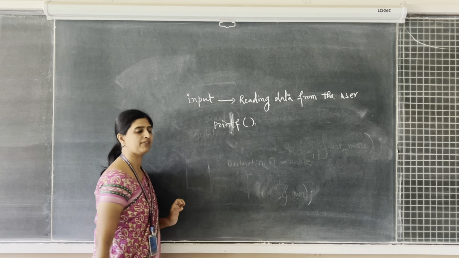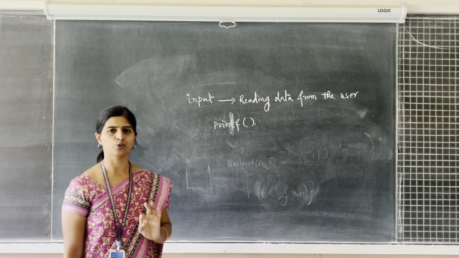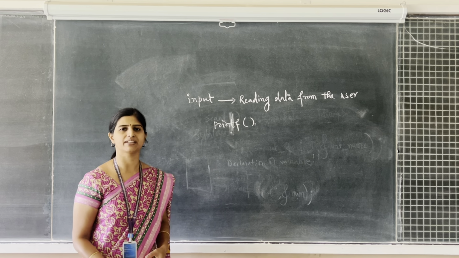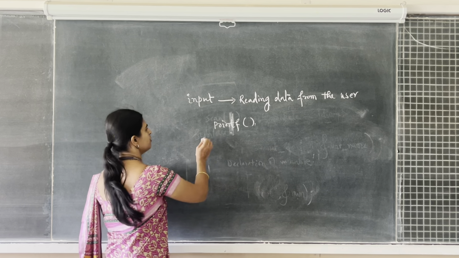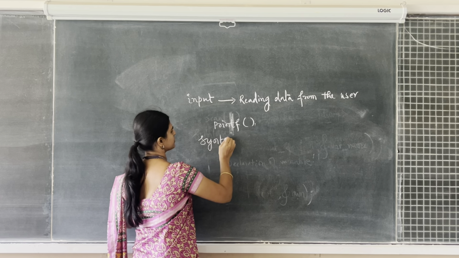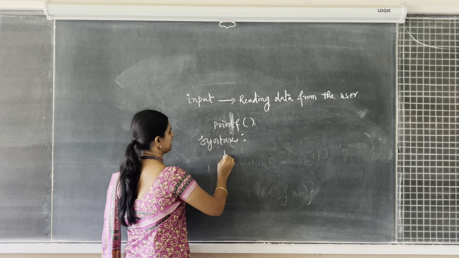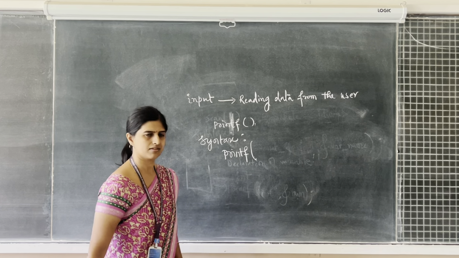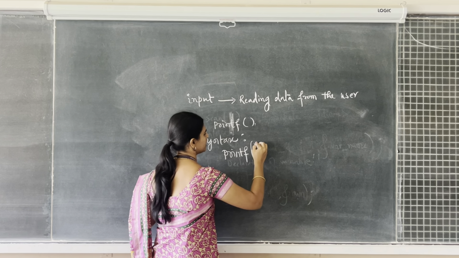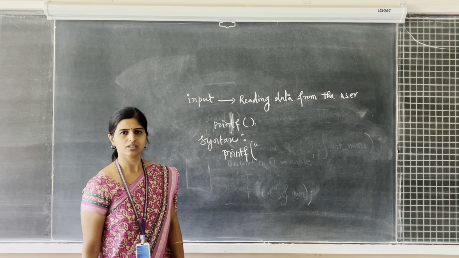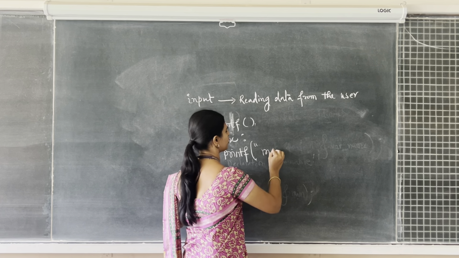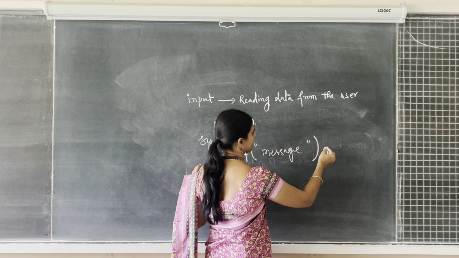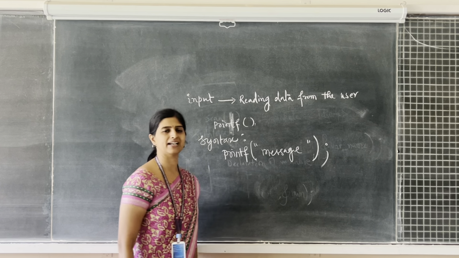Every function that is already available in C has certain syntax. For printf, the syntax goes like this. Printf, then open the parenthesis, then you put double quotes, and whatever message you want to display should be written. Complete the parenthesis, then a semicolon to mark the end of the C statement.